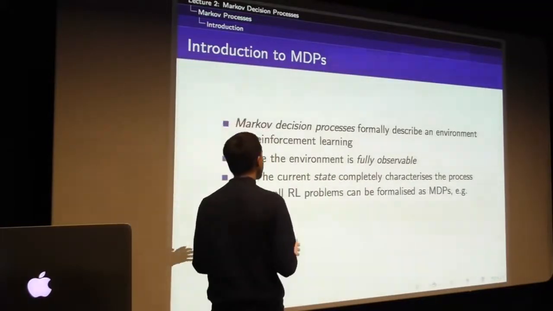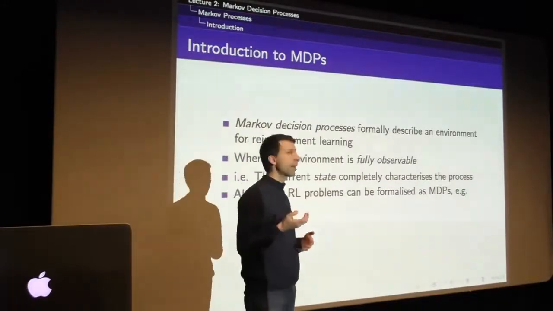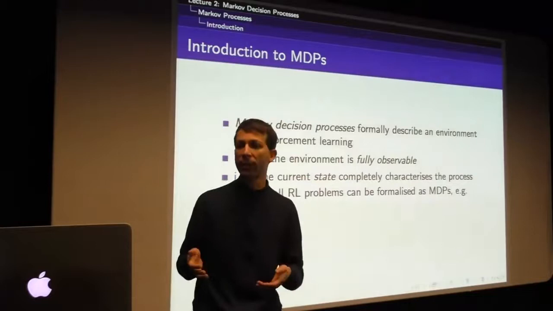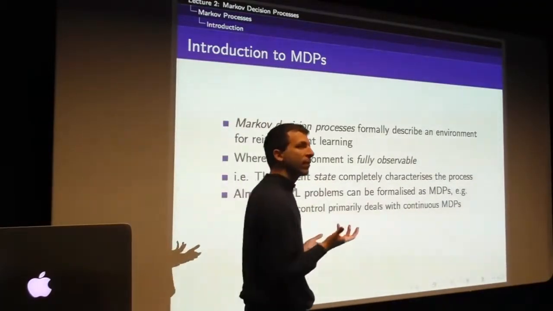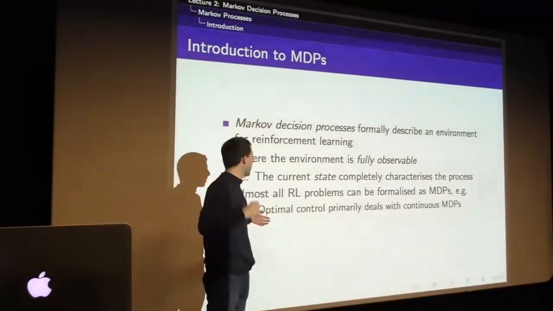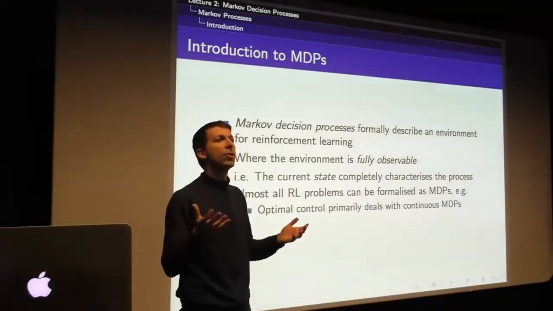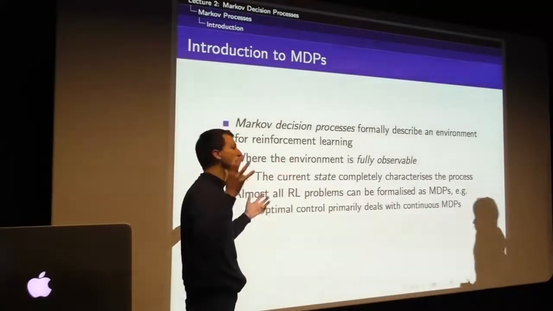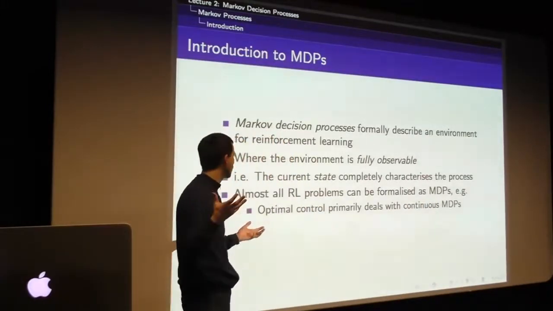And the nice thing about this formalism is that almost all reinforcement learning problems can be formalized in some way as a Markov decision process. Even some of these less familiar cases, which people might not first think of as Markov decision processes, like the problem of optimal control, where you've got, say, some differential dynamics describing some fluid, and you want to find the optimal way to make your octopus swim through this fluid.